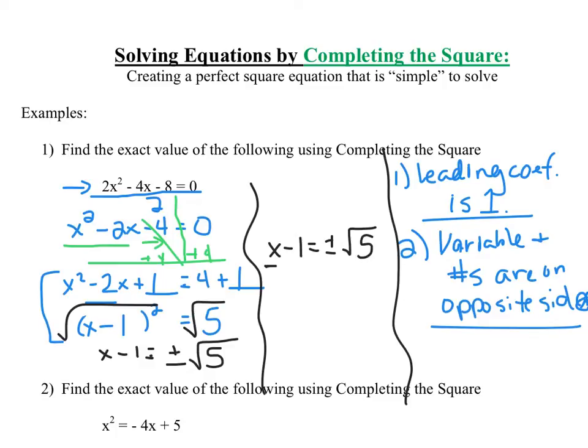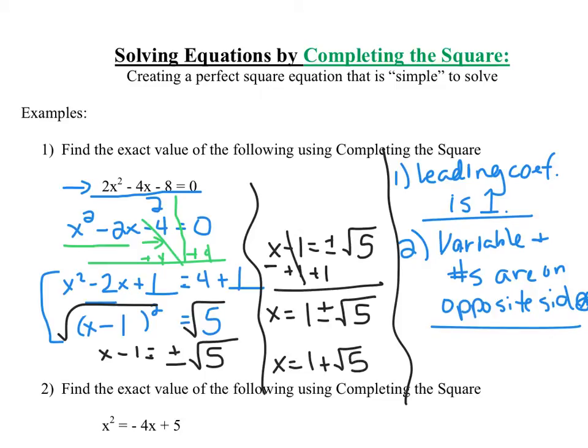X needs to be by itself, so I have to move this 1. We generally put the 1 in front because it looks just like the quadratic formula. 1 plus or minus radical 5. So the two answers are x equals 1 plus radical 5 and x equals 1 minus radical 5.